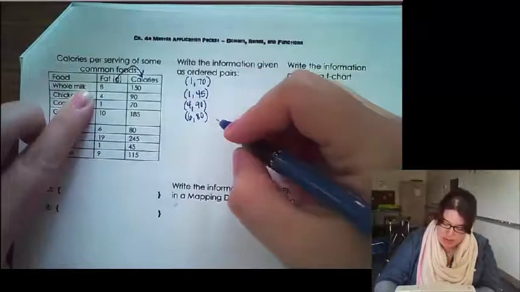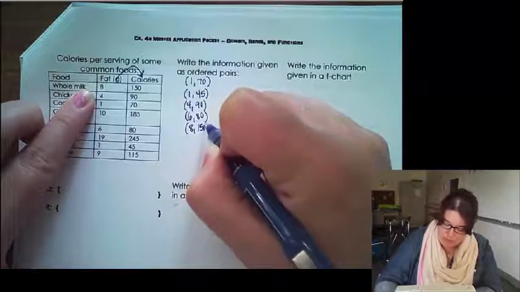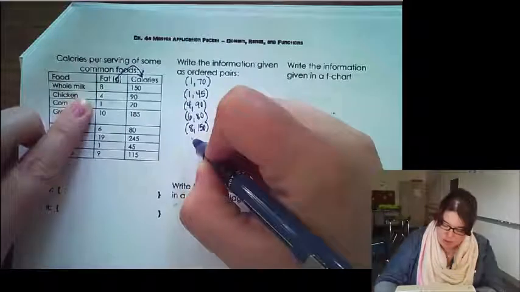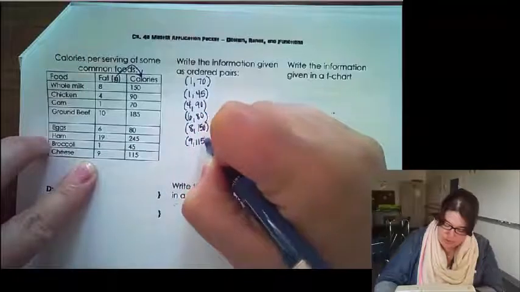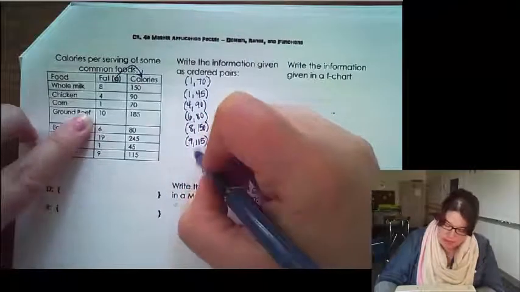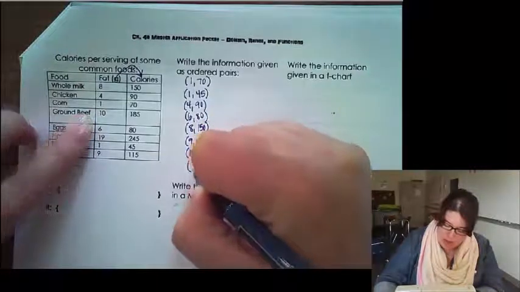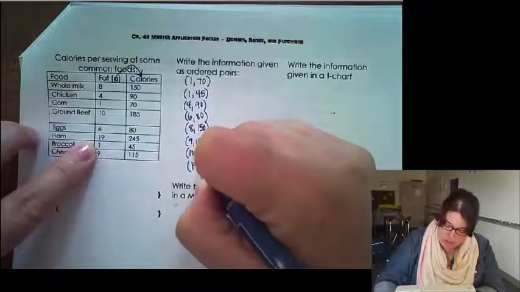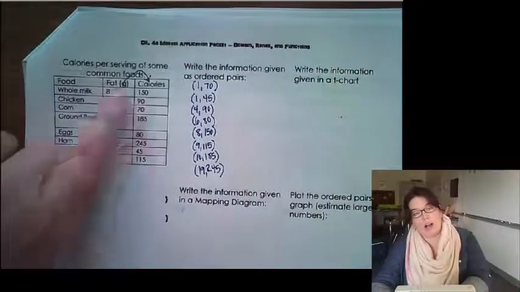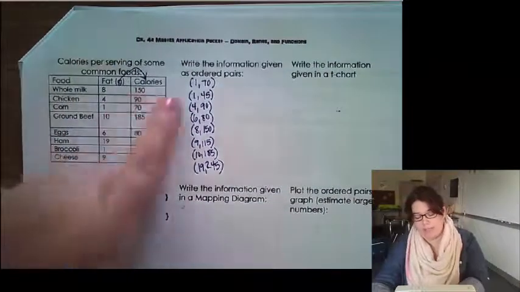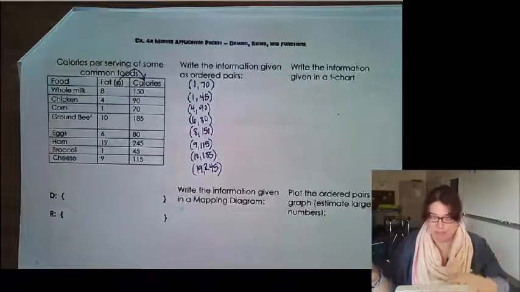Then I've got 8 and 150. 9 and 115. 10 and 185. And 19 and 245. So I've taken all of this data, all these numbers, and I've just kind of organized them a little bit, putting them into ordered pairs with the X and Y values in the right places.